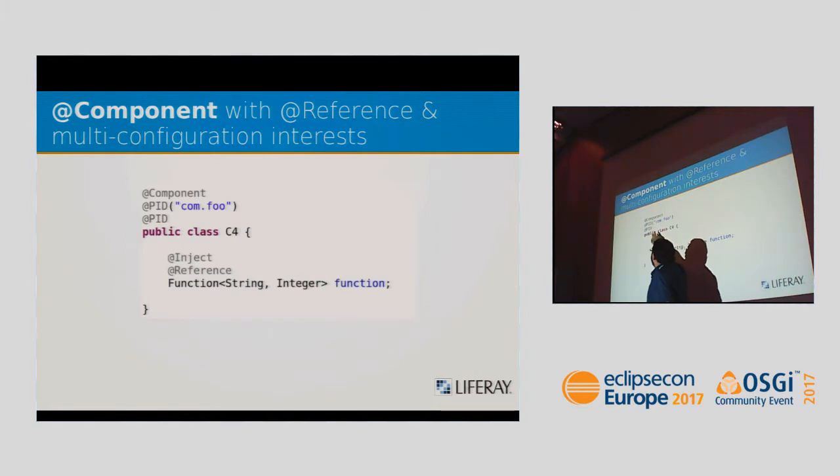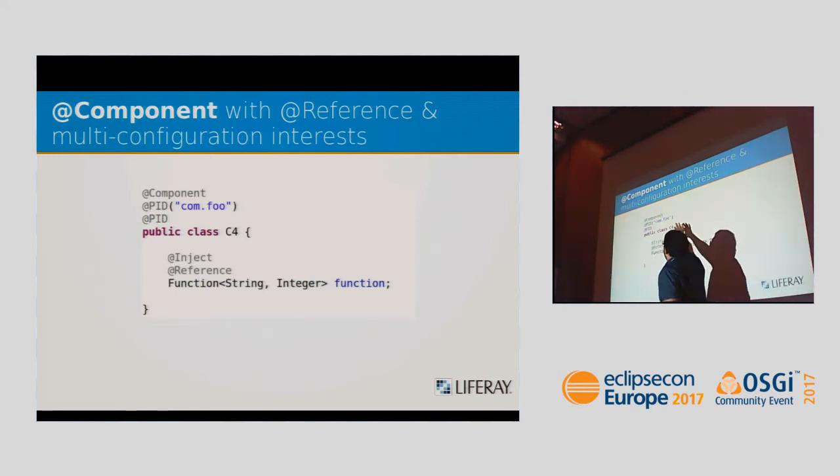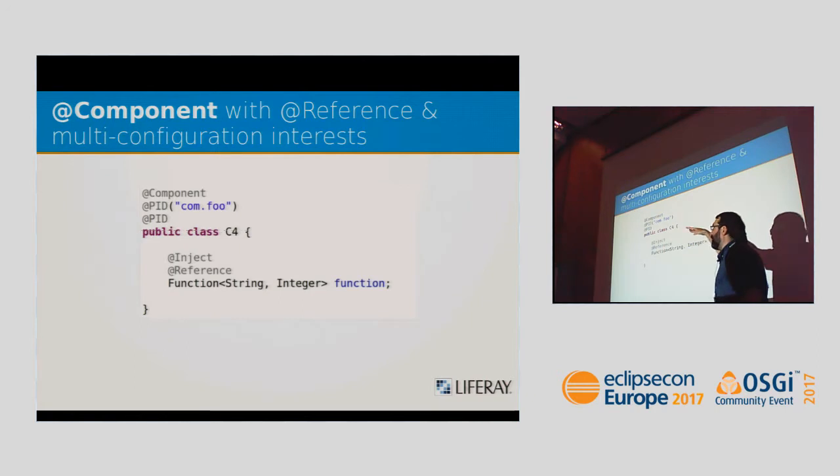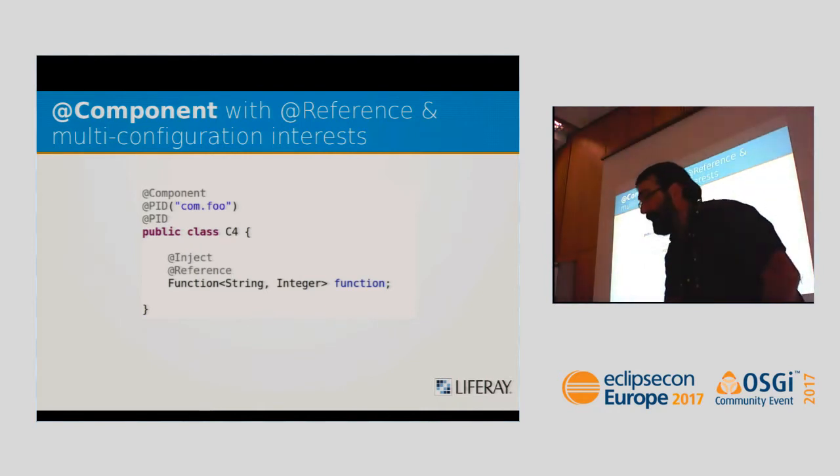There is a policy property here to be able to say whether a PID is required or optional. And it's still debatable whether they should be required by default or not. But let's assume for the moment that they are. If the configuration went away, then this component would be destroyed. And yet the rest of the application, if there were one, would still survive.